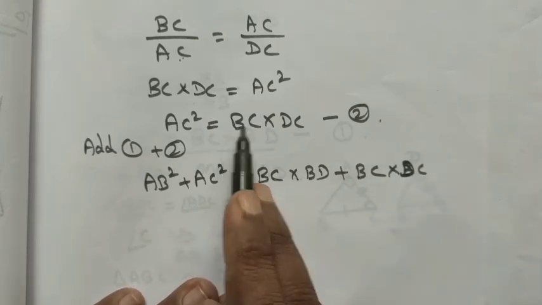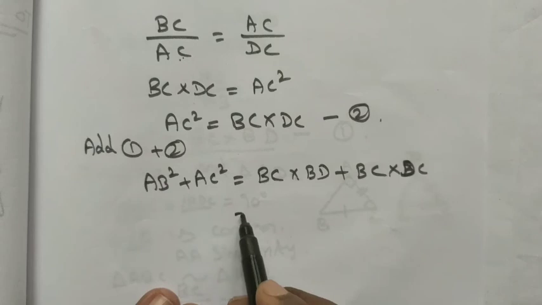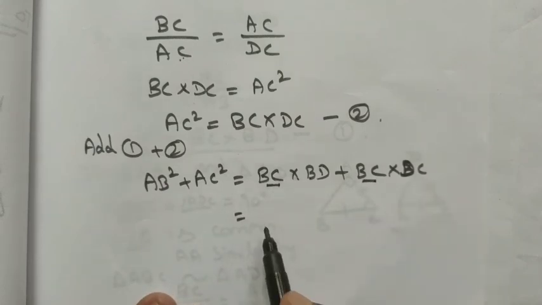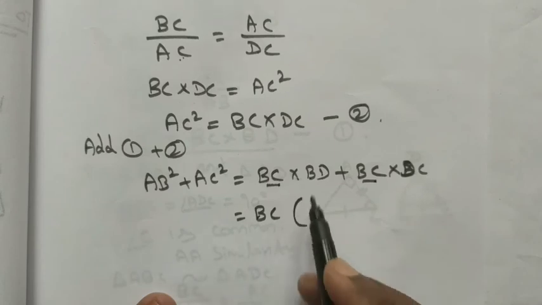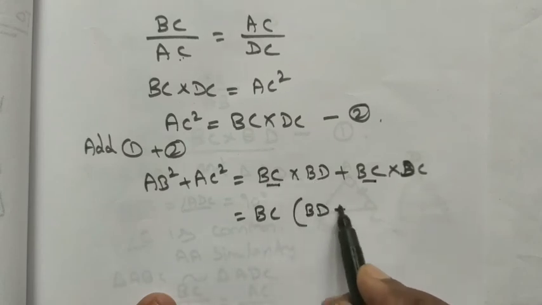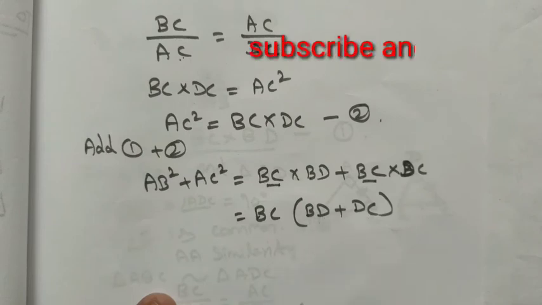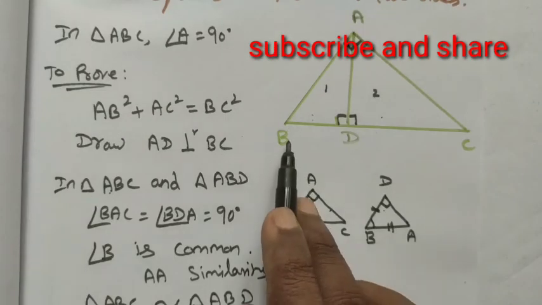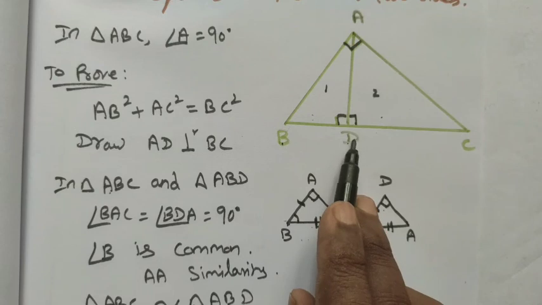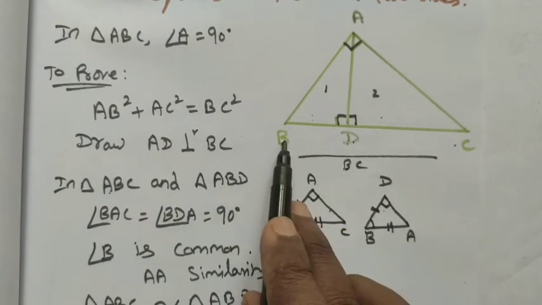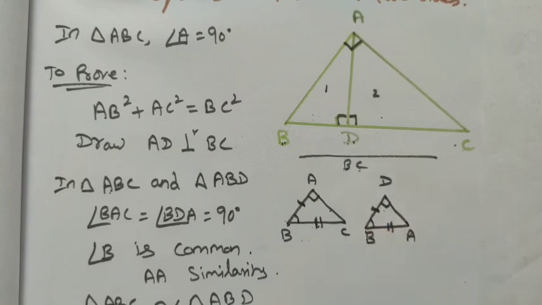On the RHS, BC is common, so BC can be taken out, and inside we have BD plus DC. See the main diagram, the distance of BD plus DC is equal to BC.